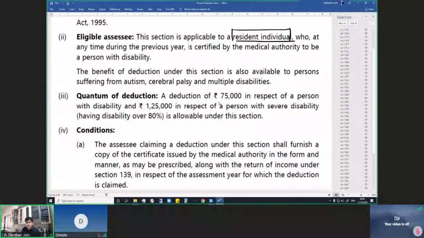Deduction is to the extent of 75,000 rupees in case of an assessee who does not have severe disability. In case of an assessee having severe disability, this deduction of 75,000 rupees is increased to 1,25,000 rupees.